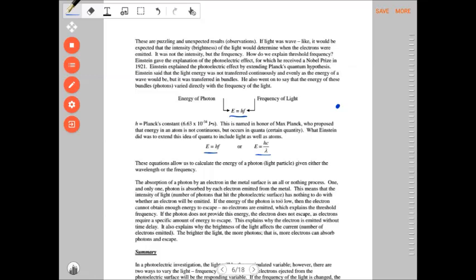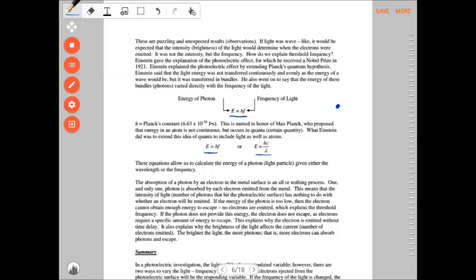If the energy of the photon is too low, the electron can't obtain enough energy to escape, so no electrons are emitted. This explains the threshold frequency. If the photon does not provide this energy, the electron doesn't escape, as electrons require a specific amount of energy to escape. This explains why the electron is emitted without time delay. It either has enough energy or it doesn't.